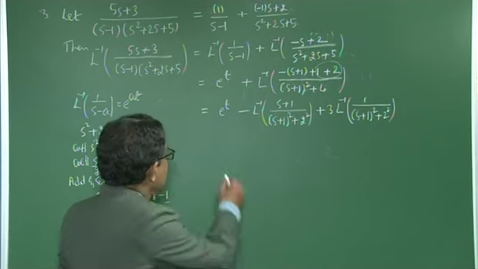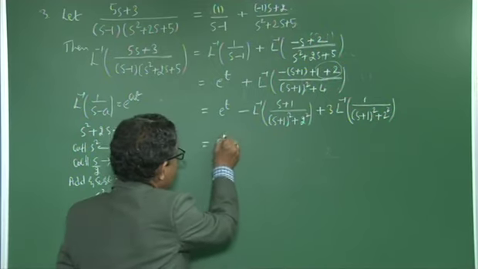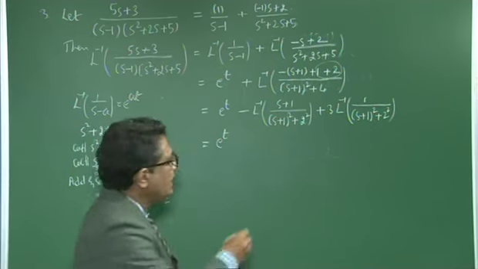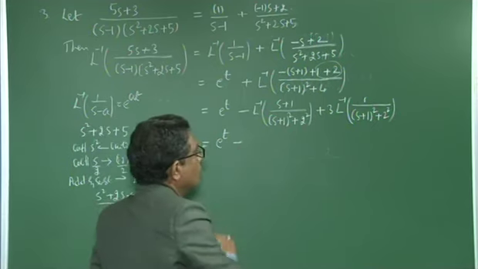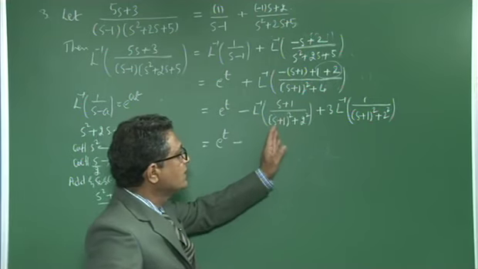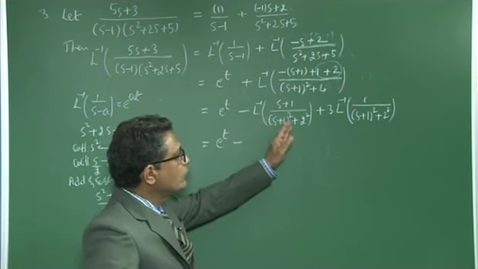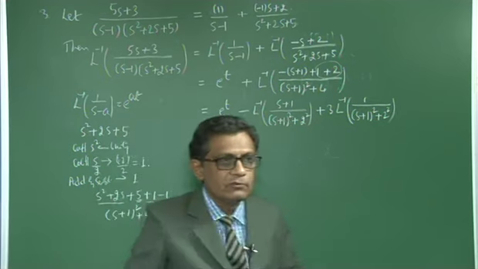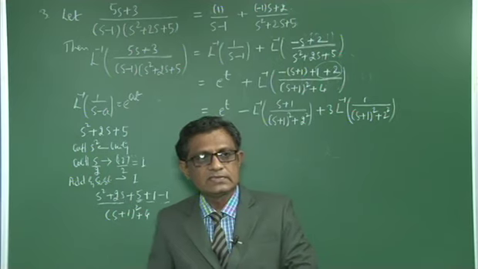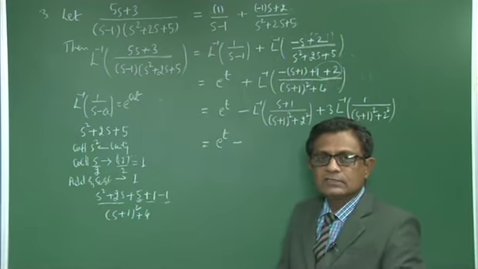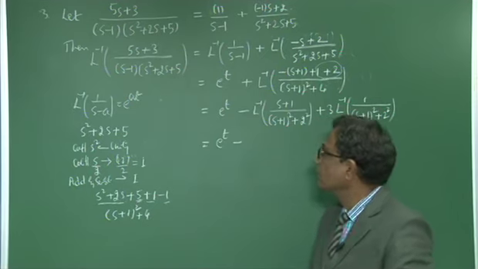Now this reduces to the standard form. First term as it is, e raised to t minus L inverse of s plus 1 divided by s plus 1 whole square plus b square. As we did in the previous session, standard formula by using the first shifting property.